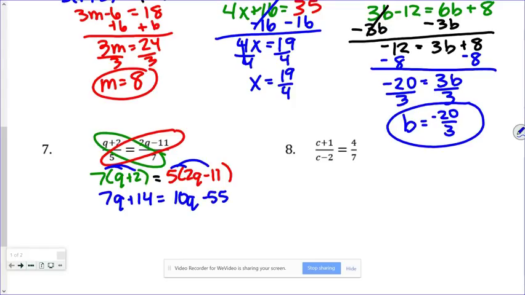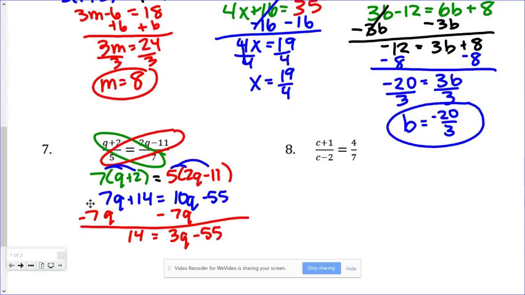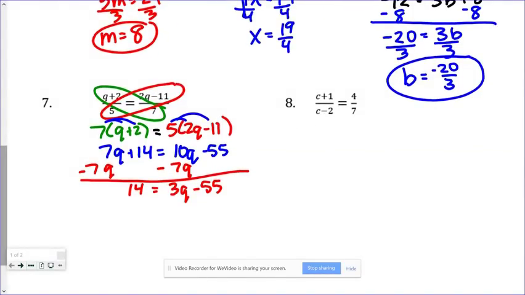Okay, so let's look at our numbers in front of Q. I have 7 and a 10. 7's smaller, so let's move that one over. So I'm going to do the opposite of positive 7Q, which is minus 7Q. Okay, now I'm going to move the 55 over. Let me scroll down here. Okay, so the opposite of negative 55 would be positive plus 55.